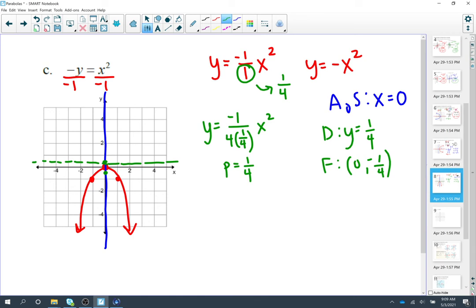So your latus rectum, remember, is 4p, or up here, we already had it, your latus rectum is 1. So from my focus, if my latus rectum is 1, then I'm going to go out a half this way and a half this way, which would give me 1 total, which based on the picture we drew, looks like we did a good job. So that's the graph of your parabola.